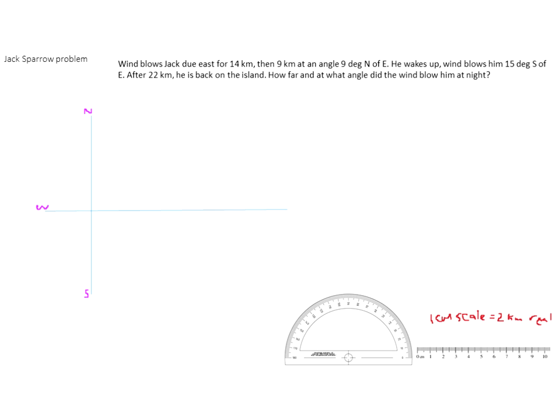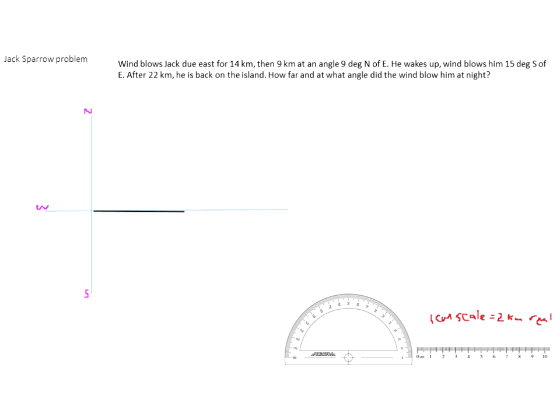So our first one is going to be, so 14 kilometers, that's going to be 7, oops, I don't want to do that, I want to use this here. Seven centimeters. And these are not going to be super precise. So first I'm going to just make a sketch, and then we'll do it analytically.